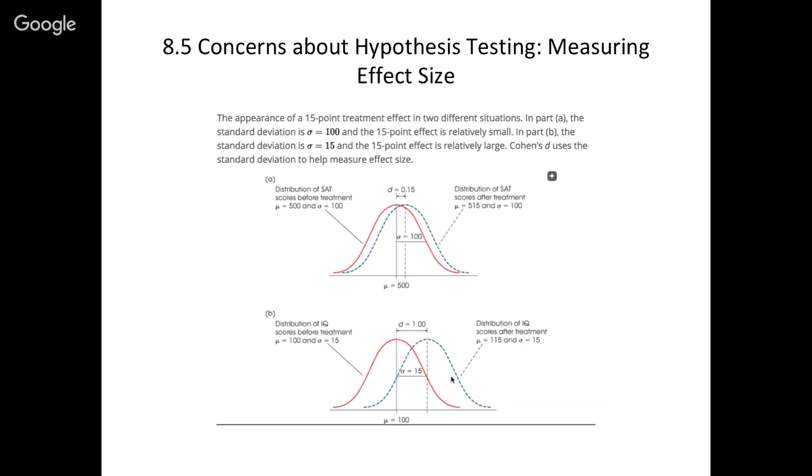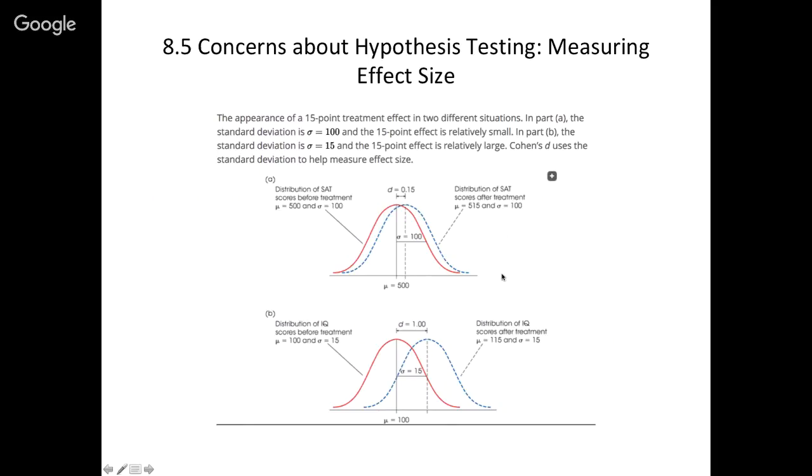Here is an example, right? In both examples, we have a significant difference. But here, these two distributions are closer. In this one, the distance is further. So here, effect size means the mean after treatment minus the mean before treatment. The standard deviations are the same. So here, Cohen's d is smaller. Here, Cohen's d is bigger.